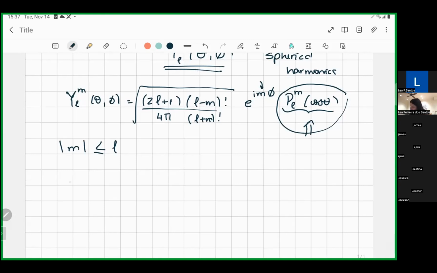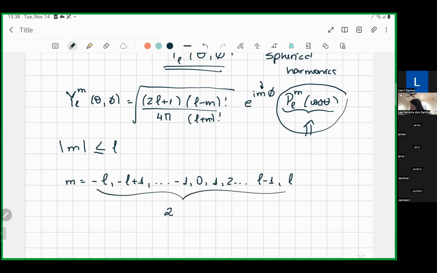So this M would be minus L, minus L plus 1, all the negative integers up to minus 1, then 0, and then the positive ones 1, 2, 3, up to L minus 1 and L, which means there are 2L plus 1 possible values of M. We already went through this.